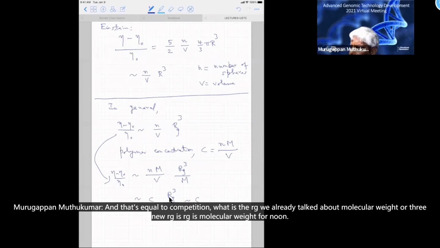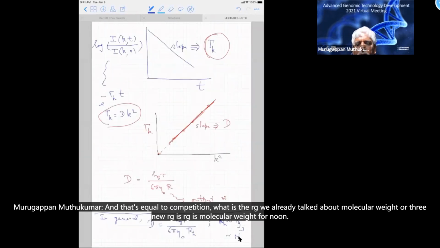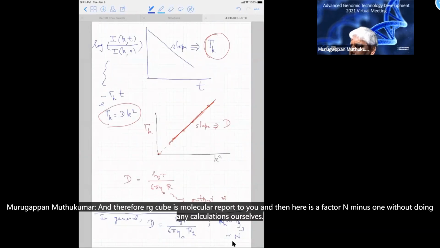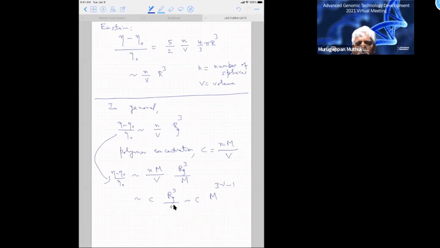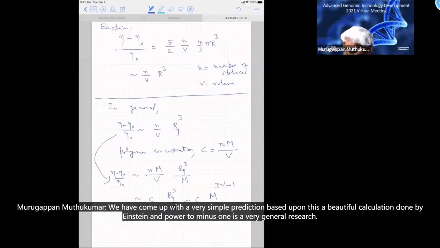What is Rg? We already talked about it: molecular weight power nu, and therefore Rg cubed is molecular weight power 3 nu. And then here is a factor of M minus 1. Without doing any calculations ourselves, we have come up with a very simple prediction based upon this beautiful calculation done by Einstein: M power 3 nu minus 1.